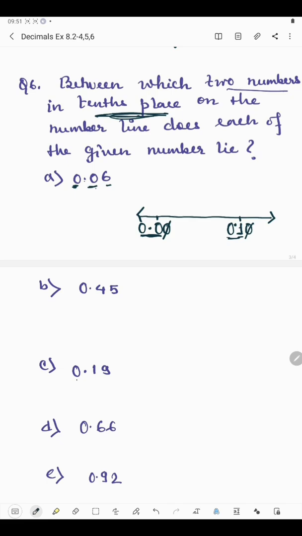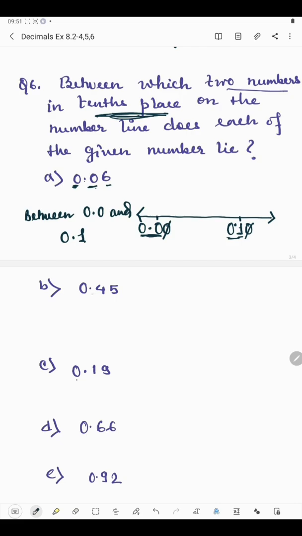We don't have to take this extra 0, as we will have to find the numbers which are at 10th place. So it will be between 0.0 and 0.1. Okay, now coming to B part.